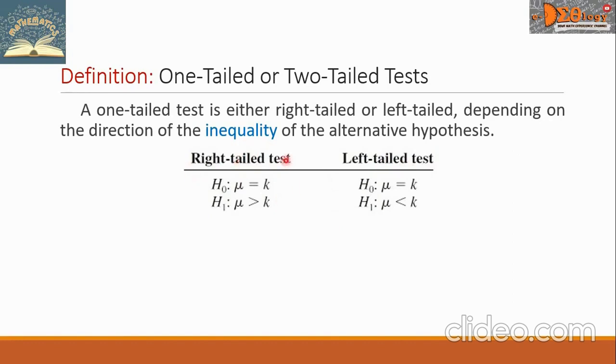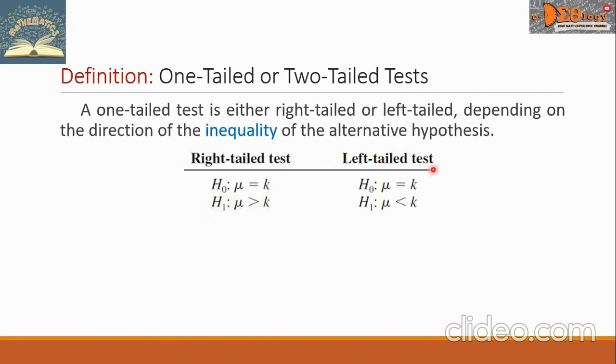For the right-tailed test, we have the null hypothesis H sub 0, and this is mu equals k. This mu is the population mean, and the k is any value. And H sub 1 will give the idea that mu is greater than k.